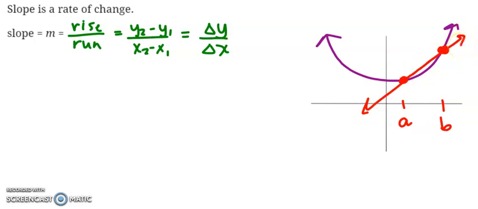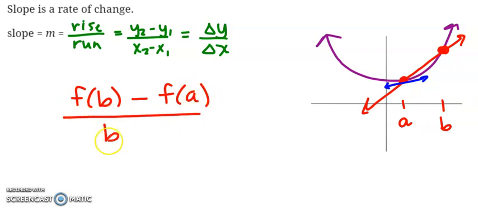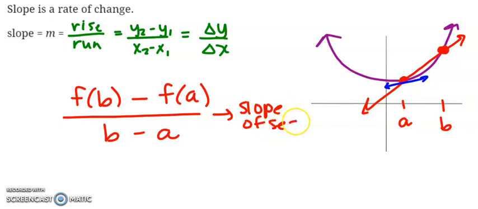And the slope of the red line would be an okay estimate of the slope of that blue line. Wow, that blue line's not drawn very well. Let me do that again. That blue line has a little bit of a positive slope. So the red line's an okay estimation, but I can find it: the change in y, the output at B, minus the output at A, over B minus A, and that would give me the slope of the secant line, which is nearby the blue line that I want, right?